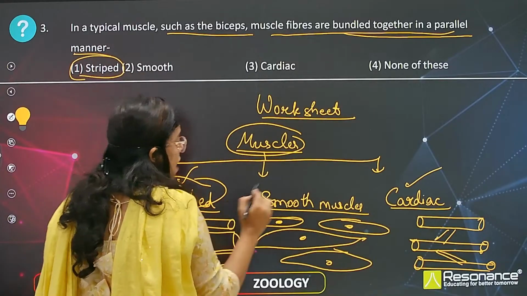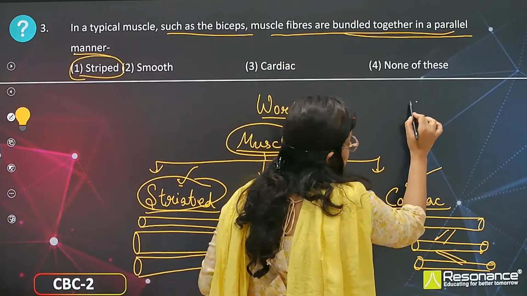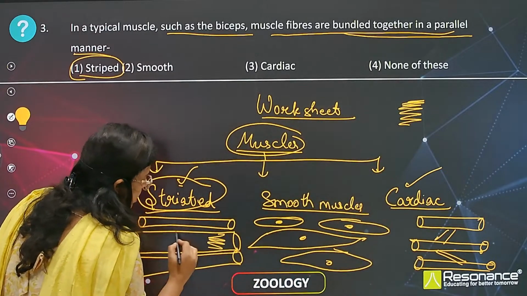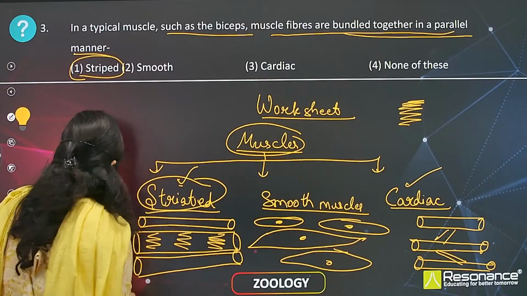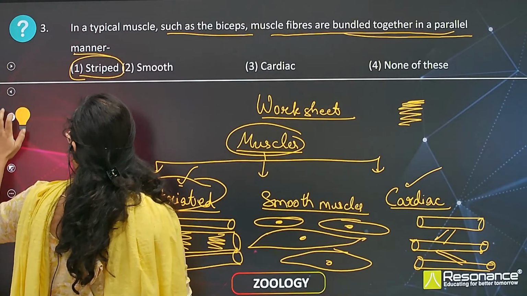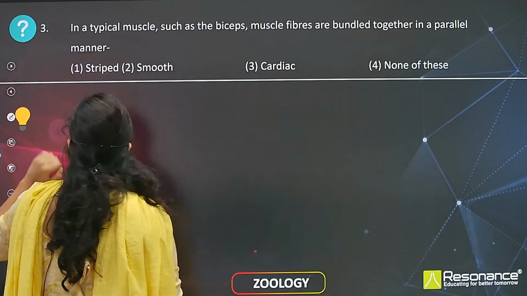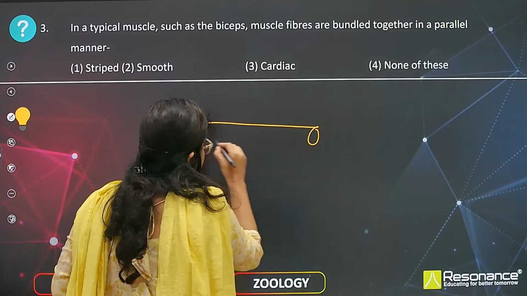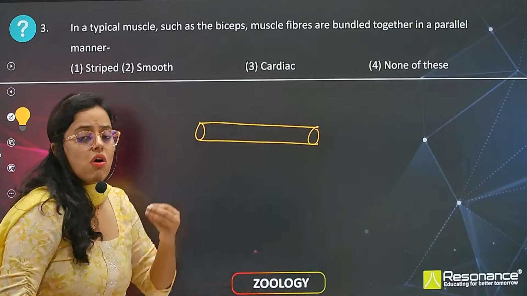Striped means they have stripes, like a zebra has dark and light bands. These muscles also have dark and light bands. Striated muscles, bicep muscles or tricep muscles, are all voluntary muscles.